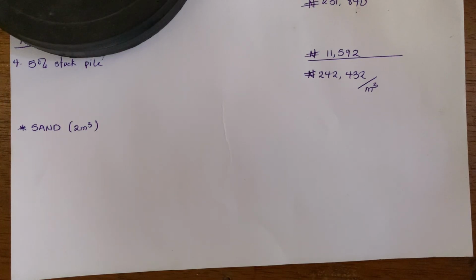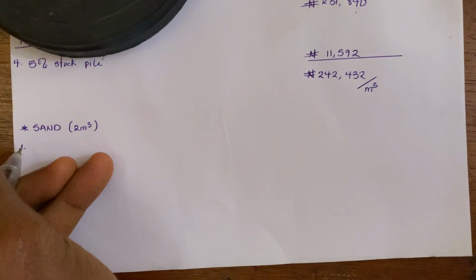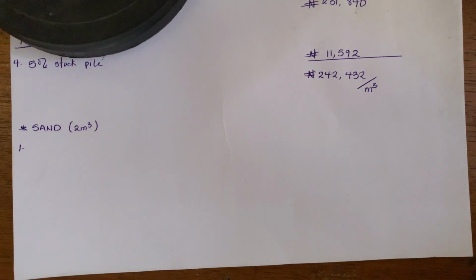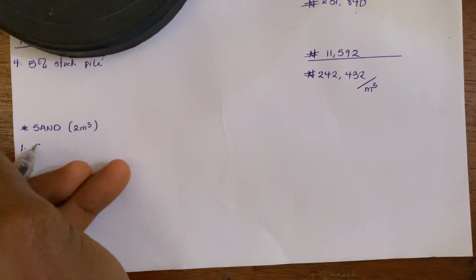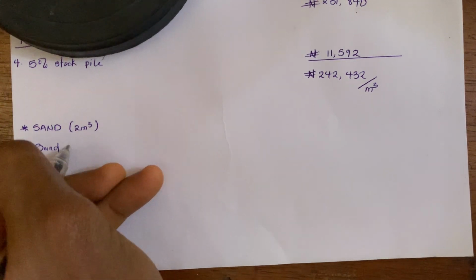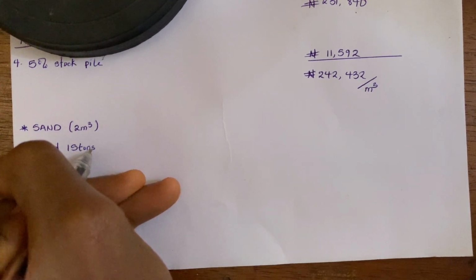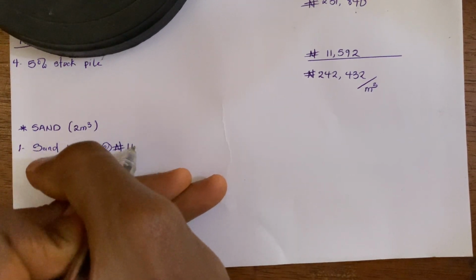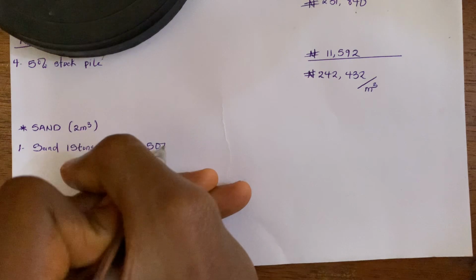Then the next thing we will now get into would be the sand. We know that for the sand we are using 15 tons at 112,500. So we'll now say sand, 15 tons at 112,500.